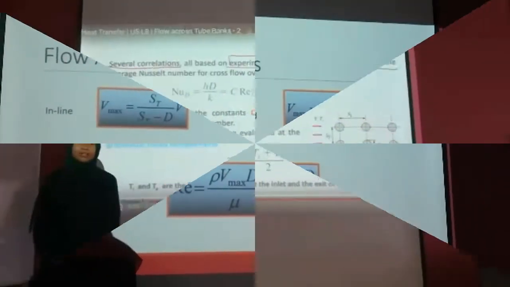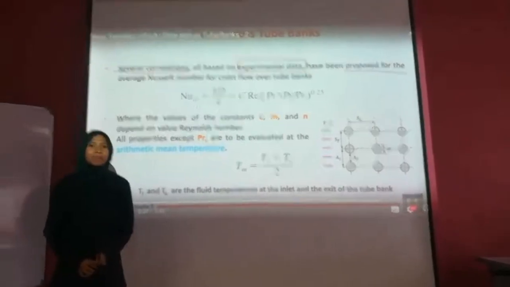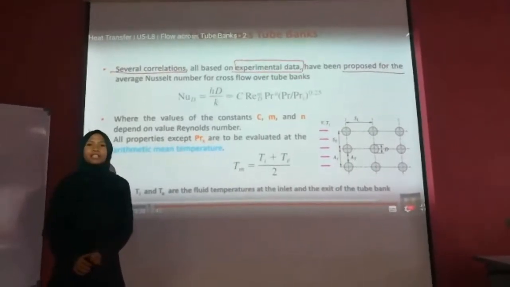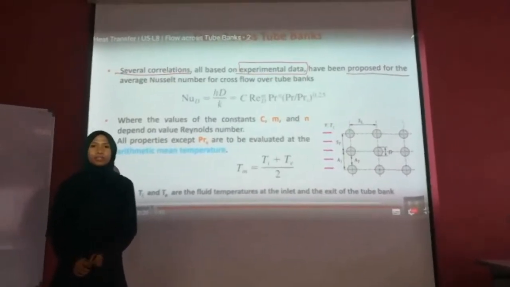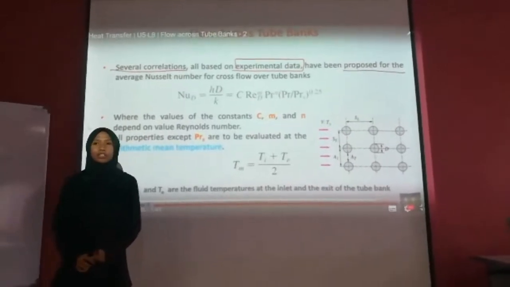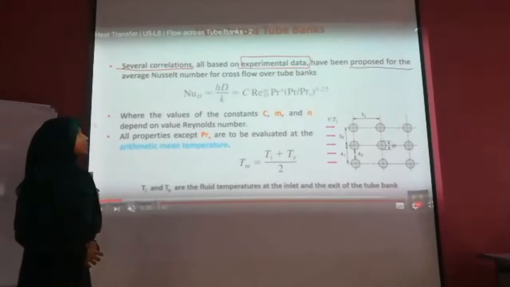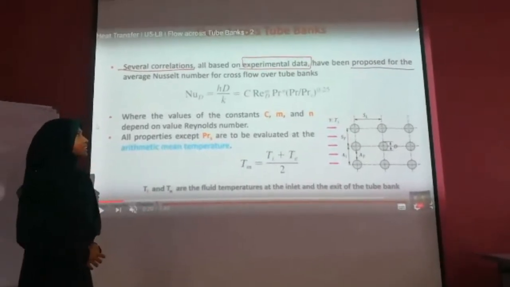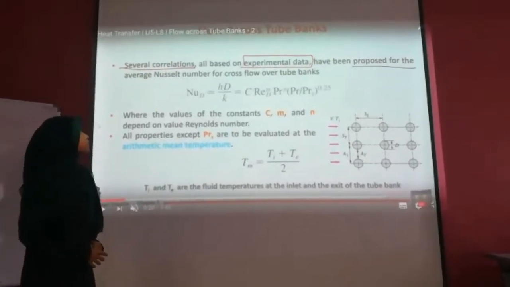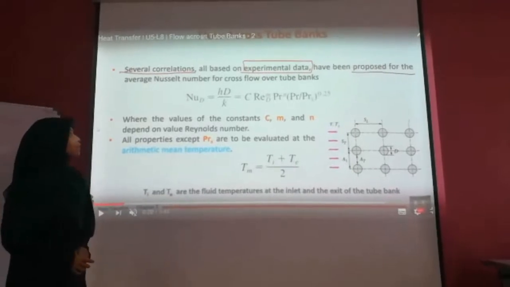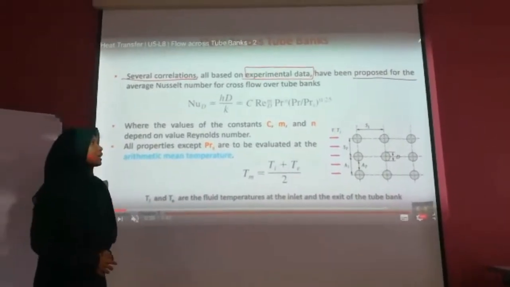That's all. Hi everyone, my name is Saida. Now I will proceed to explain flow across tube banks. Several correlations based on experimental data have been proposed for the average Nusselt number for cross flow over tube banks.